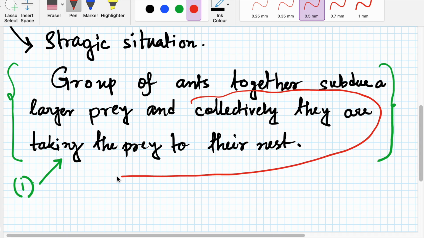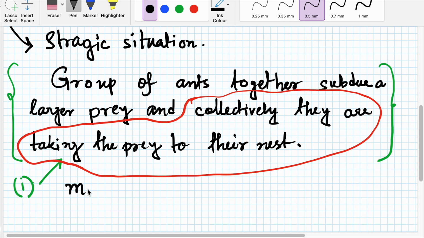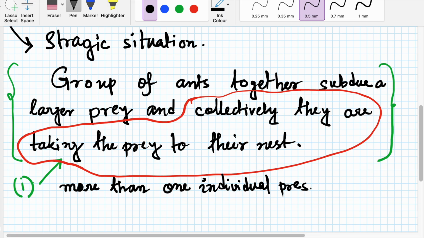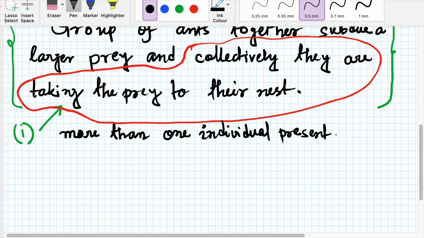When they are collectively taking the prey to their nest, obviously more than one individual is present. That is the first condition, and second is whether their outcomes are intertwined or not.